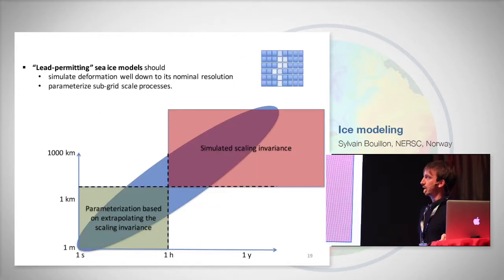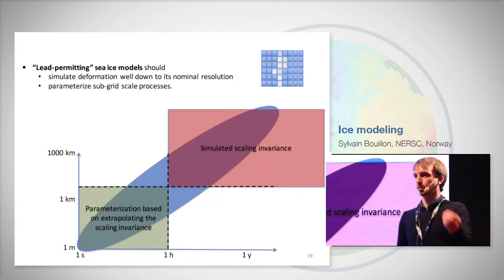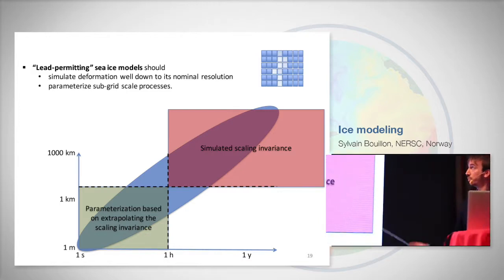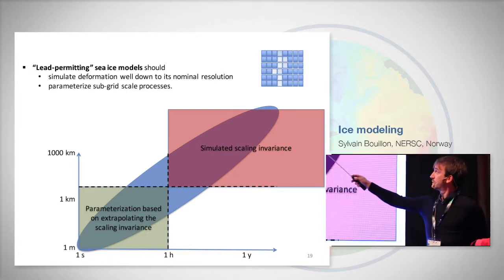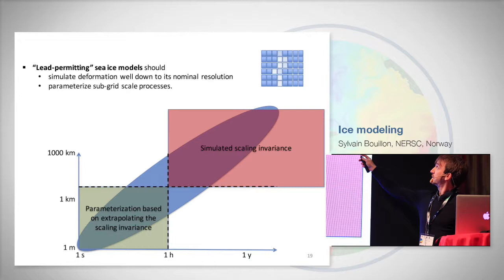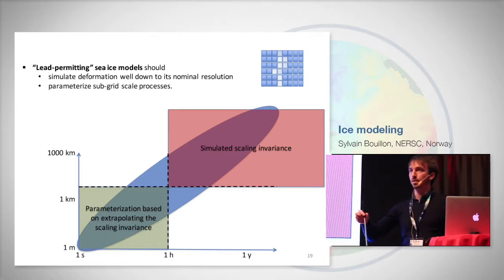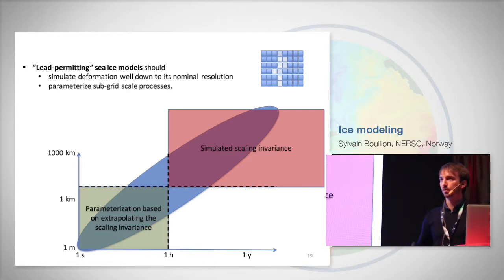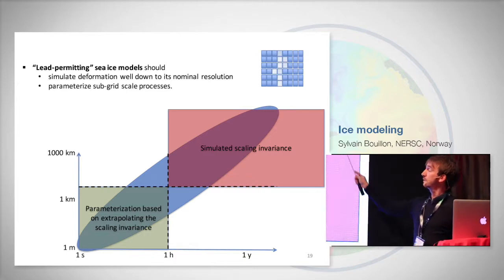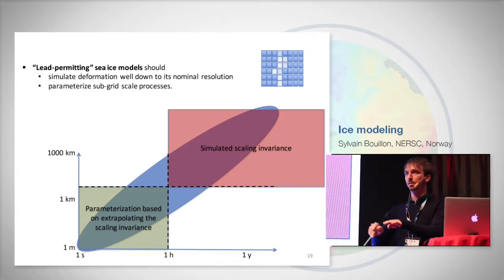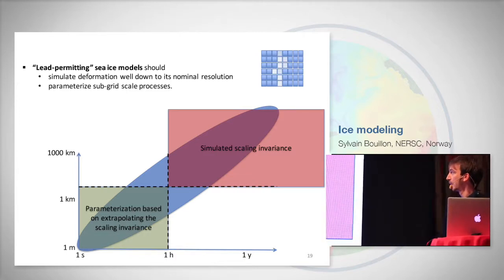So what I did with colleagues is to propose another approach, which is to build models that are able to localize at their nominal resolution. It means that we have discontinuities in the simulated sea ice velocity.